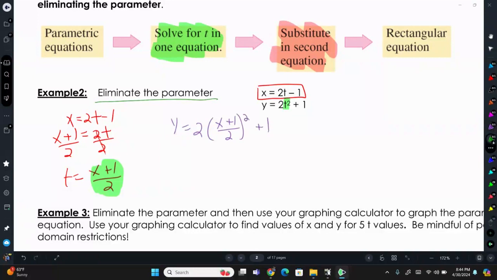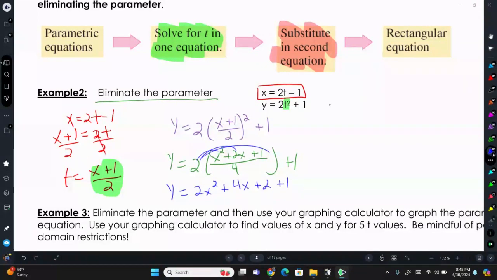Well, x plus 1 squared in the numerator, that's going to be x squared plus 2x plus 1 over 4 plus 1. Now we can distribute this 2 to everything. y equals 2x squared plus 4x plus 2 plus 1, and this is all over 4.